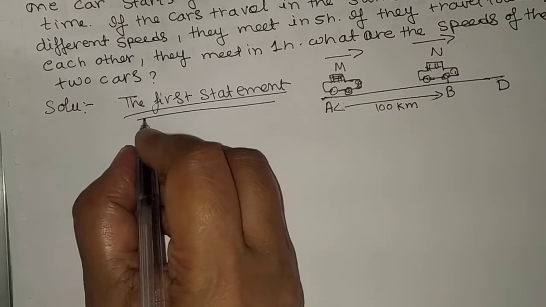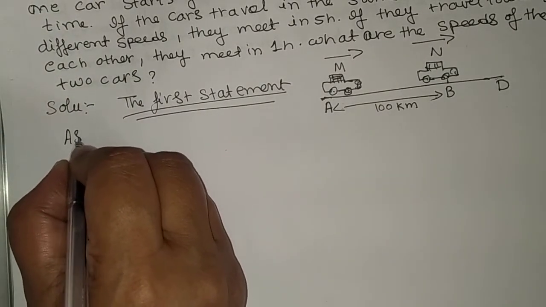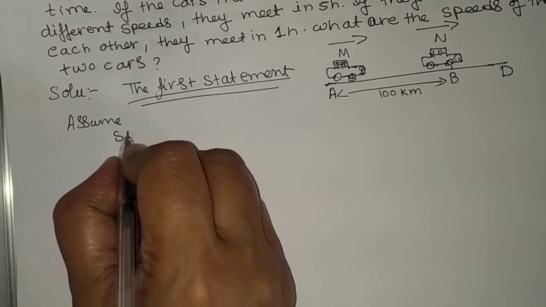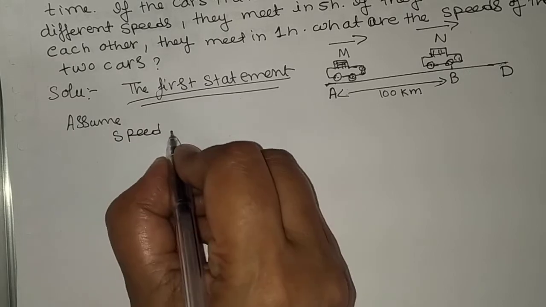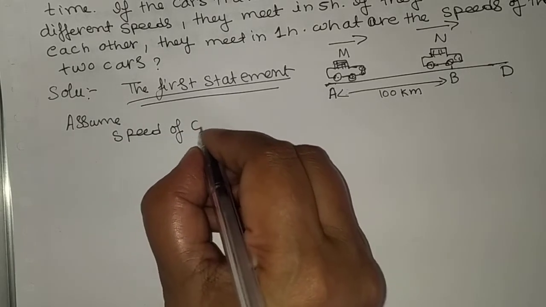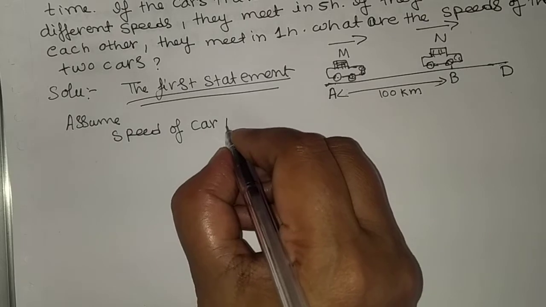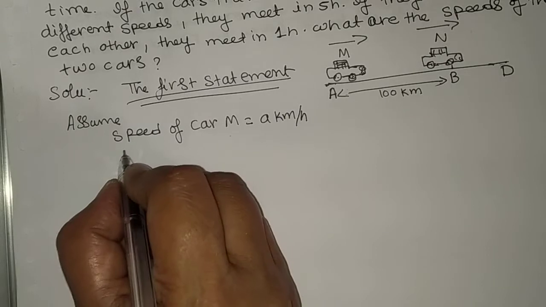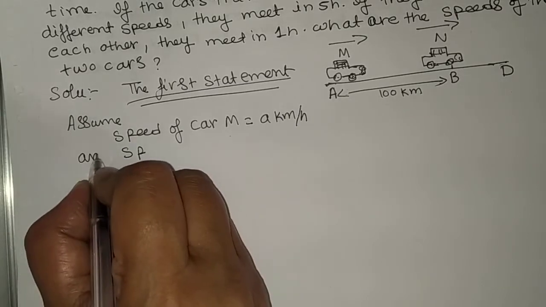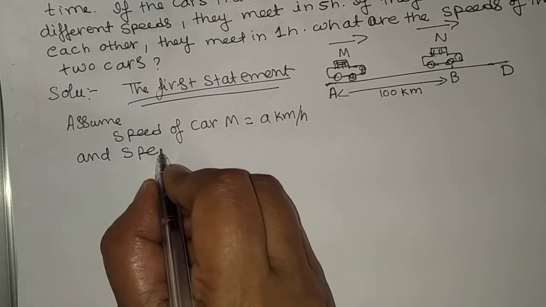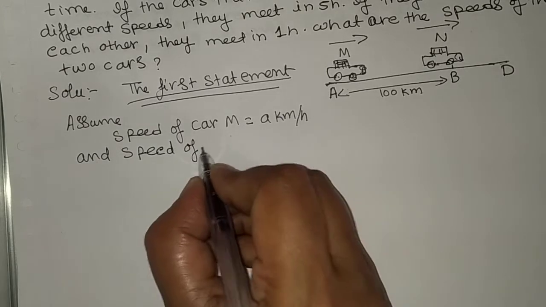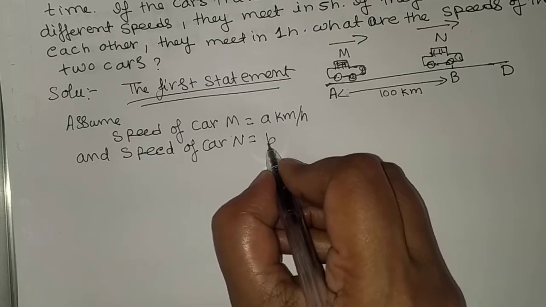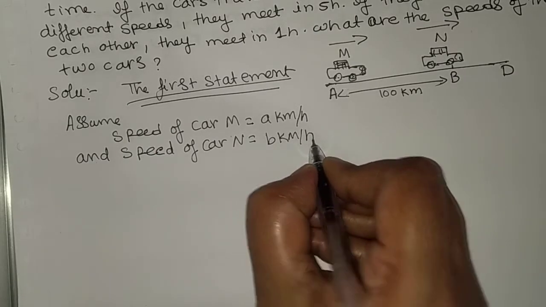Now we'll assume the speed of car M is a kilometers per hour, and the speed of car N is b kilometers per hour.